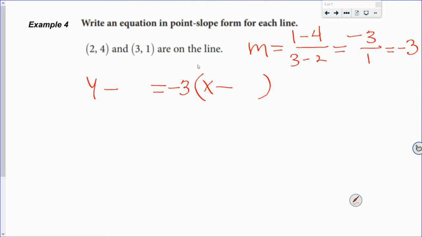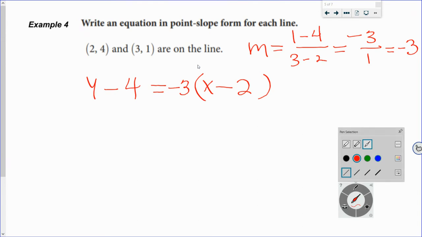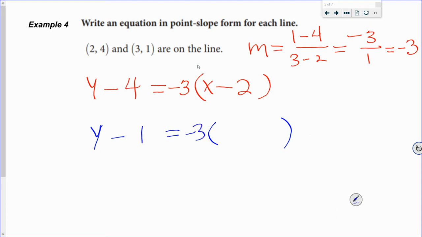So I can put in here 4 and 2. Or I could, if I wanted to, use the other point, and it's still right. So the other point looks like this, and that could be 1. Either way, it will work.